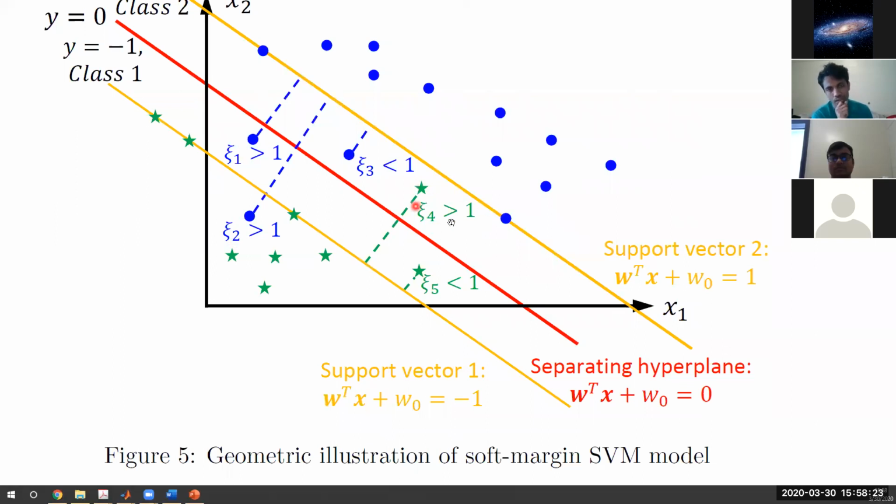All of them you can set xi greater than 1. And here, for xi 3 and xi 5, xi is less than 1. That means I'm still keeping the correct side. However, I enter the marginal region, the region between these two support vectors. However, xi must be greater than or equal to 0. Xi cannot be negative, otherwise it's meaningless.